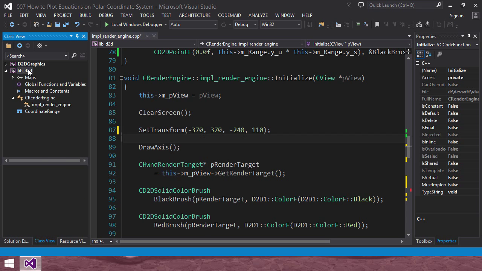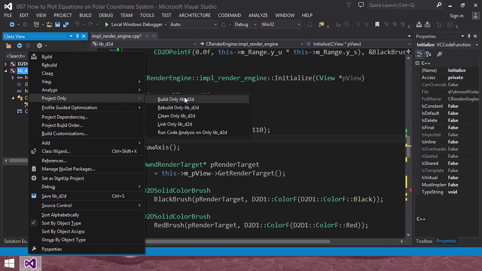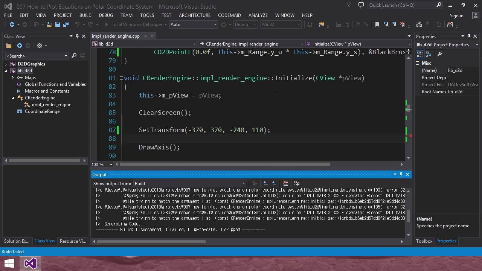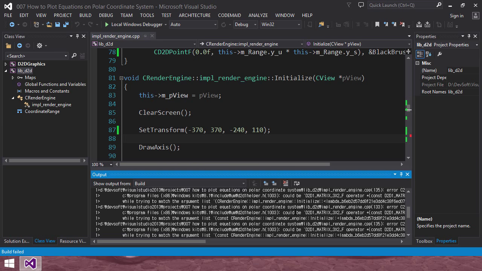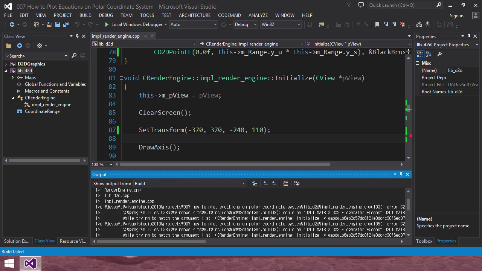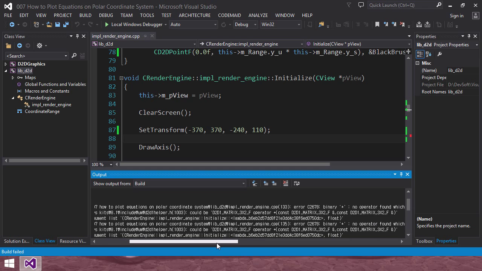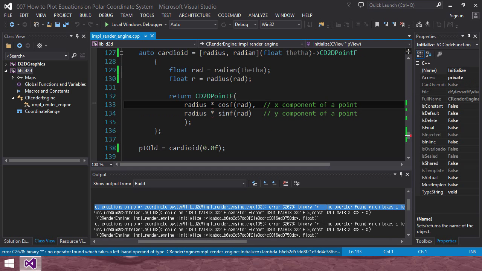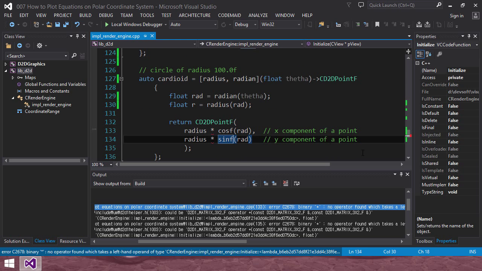Okay, let's compare it. Okay, we have some error messages. Oh, it should be R. It should be R.